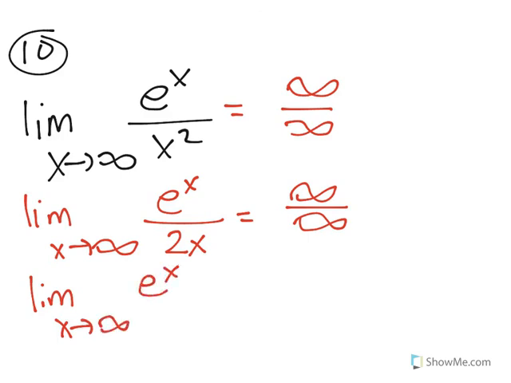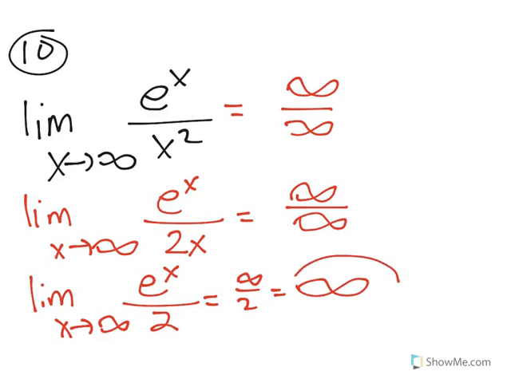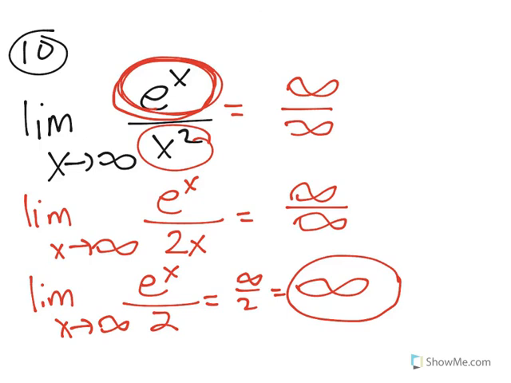Take the derivative, e to the x over 2. So put infinity in the top, I get infinity over 2, which is the same as infinity. This limit is infinite. I actually kind of knew that because of what was going on right here. This one isn't going to reduce down in size. This is going to keep shrinking away. So I know it's going to have that on the top.